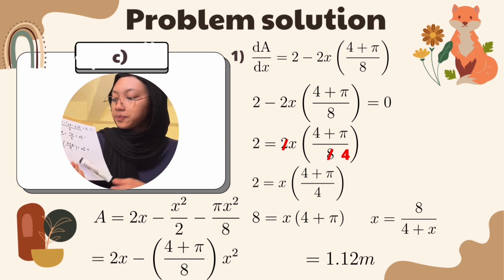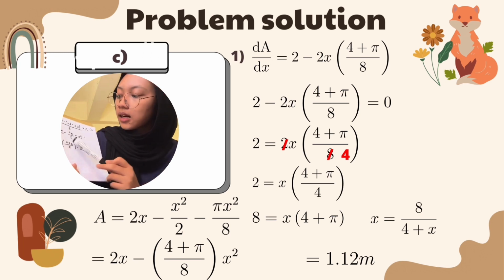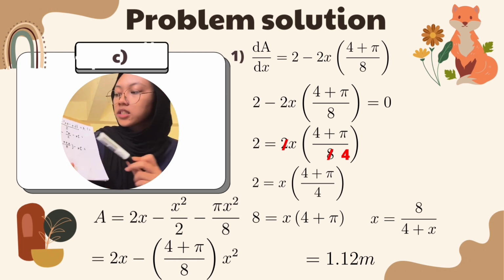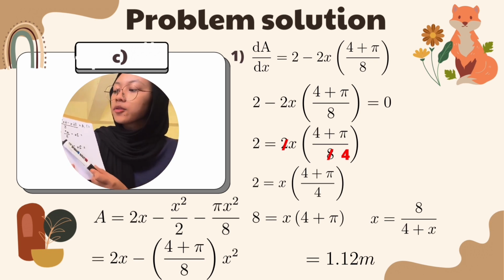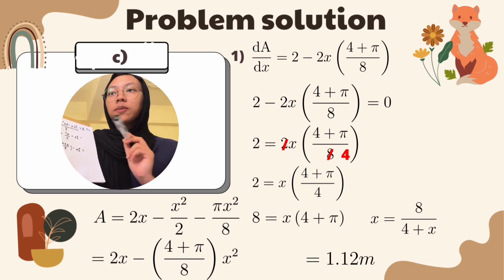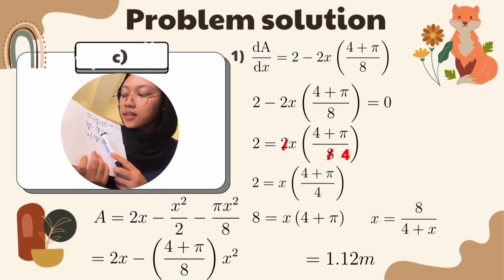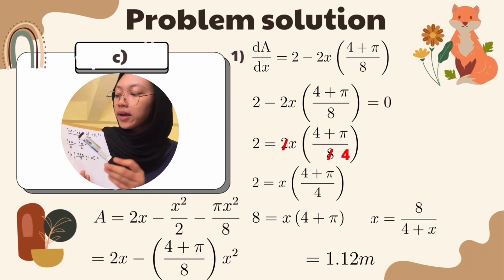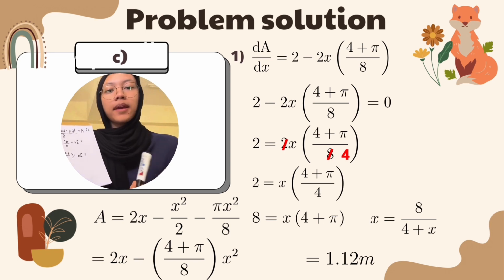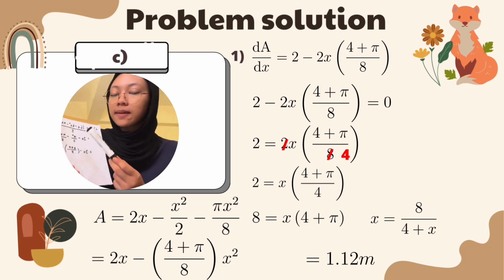So we're gonna put the equation where they have denominators, and we're gonna make the denominator the same. What we have here is the denominator of 2 and 8. So we're gonna make the denominator of 2 the same as 8.